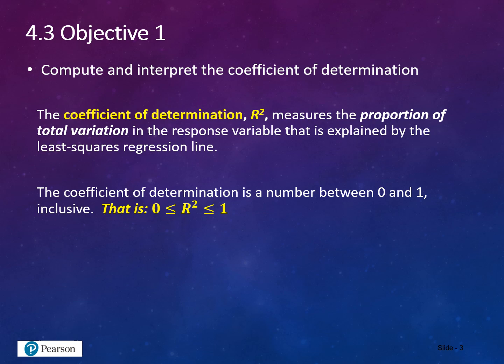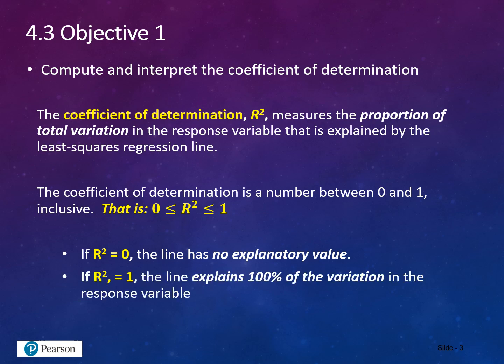That is, 0 is less than or equal to uppercase R squared, which is less than or equal to 1. If R squared equals 0, the line has no explanatory value. If R squared equals 1, the line explains 100% of the variation in the response variable.